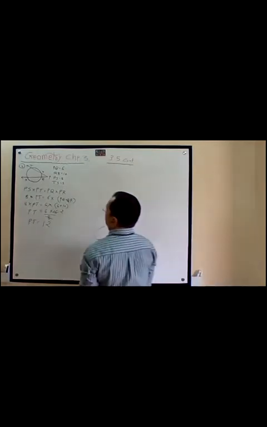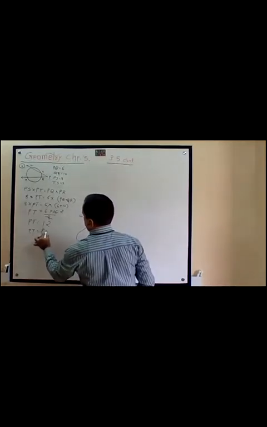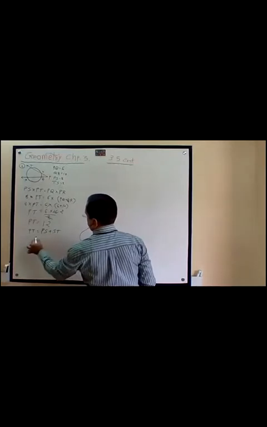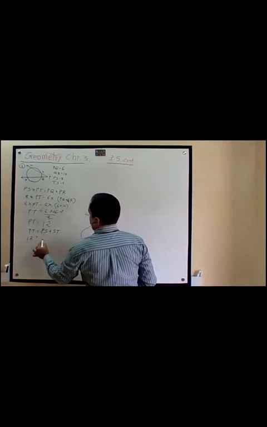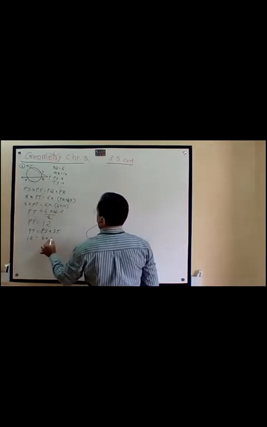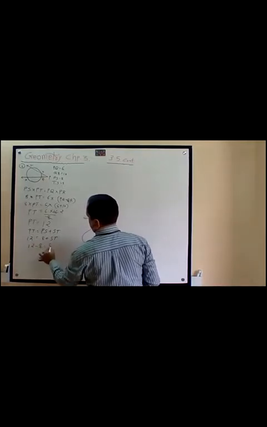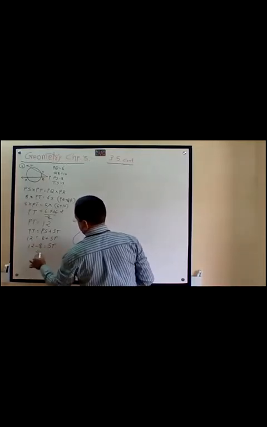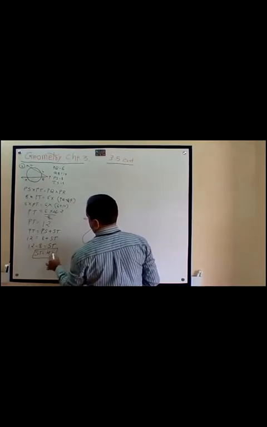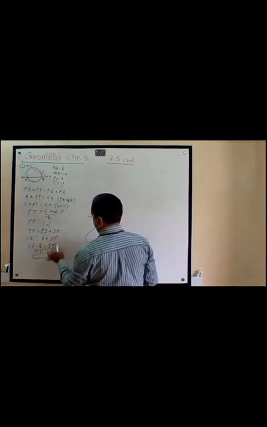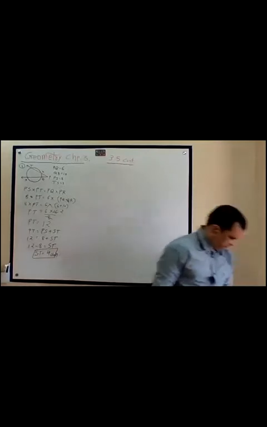PT is made up of PS, ST. PS 8, ST question. So 12 minus 8 is equal to ST. Centimeter not given. When units are not given, you have to write units.